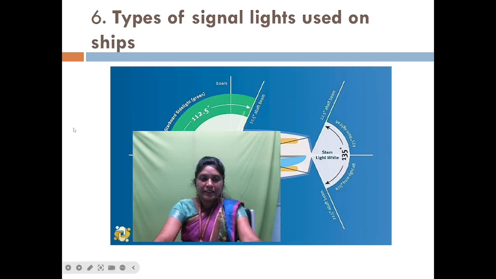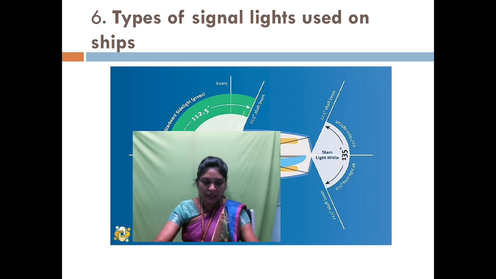Now we can see the types of signal lights used on ships. Imagine this is the ship structure, and we are going to see what types of lamp, what color, what angle it should cover, and what distance it should be visible.